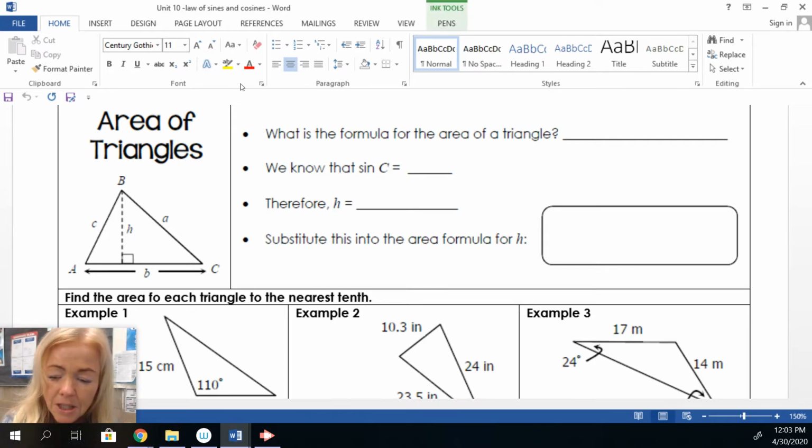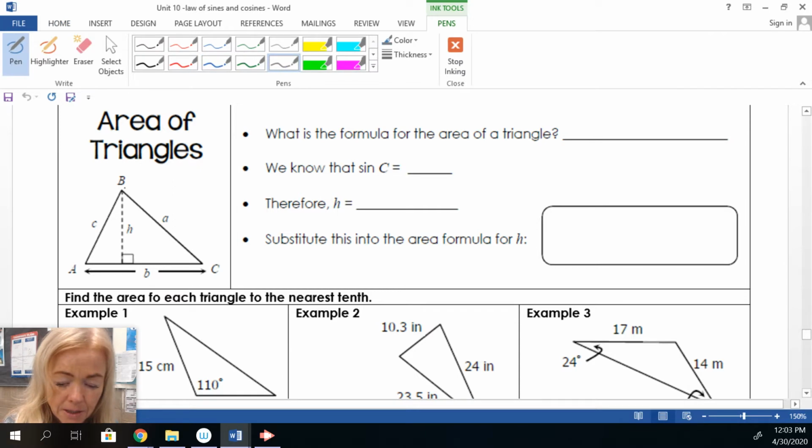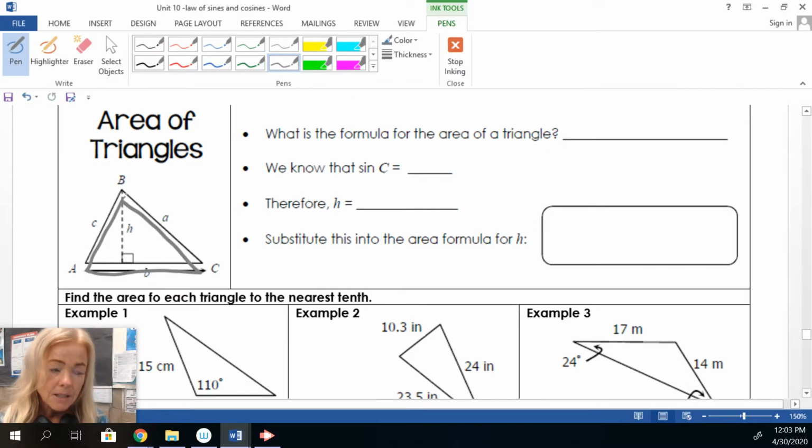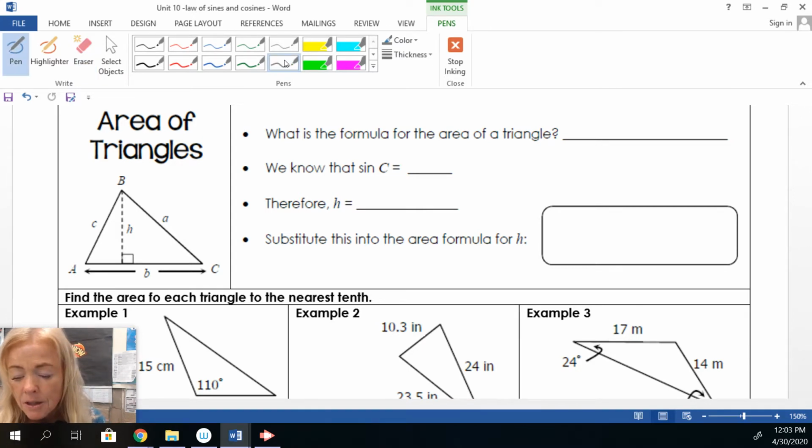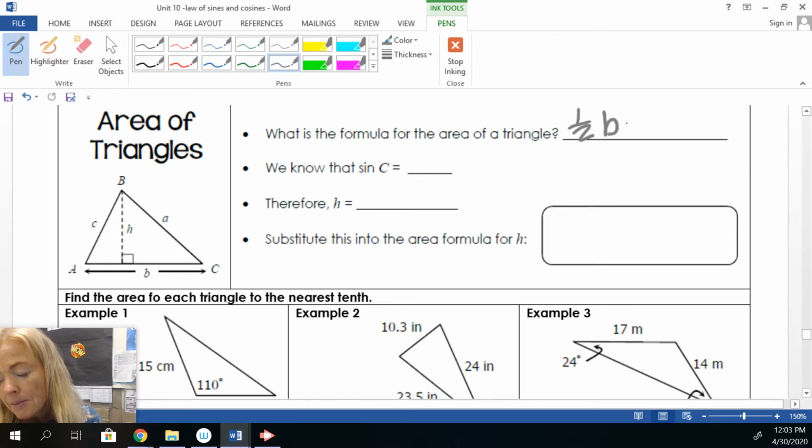So in the beginning, what we actually had was the triangle ABC, and that's it. And it's not a right triangle, so we're not sure if we have all the parts that we need to find an area, because the formula for the area of a triangle is 1/2 base times height. That's your area of a triangle.